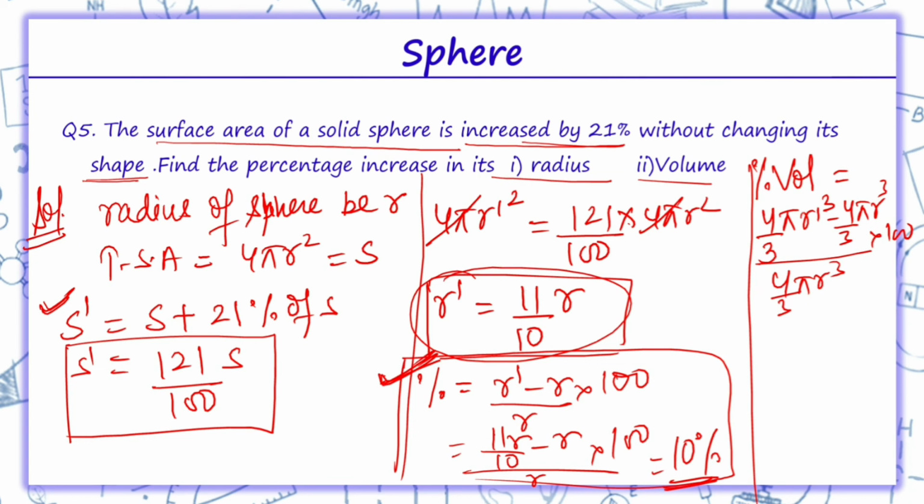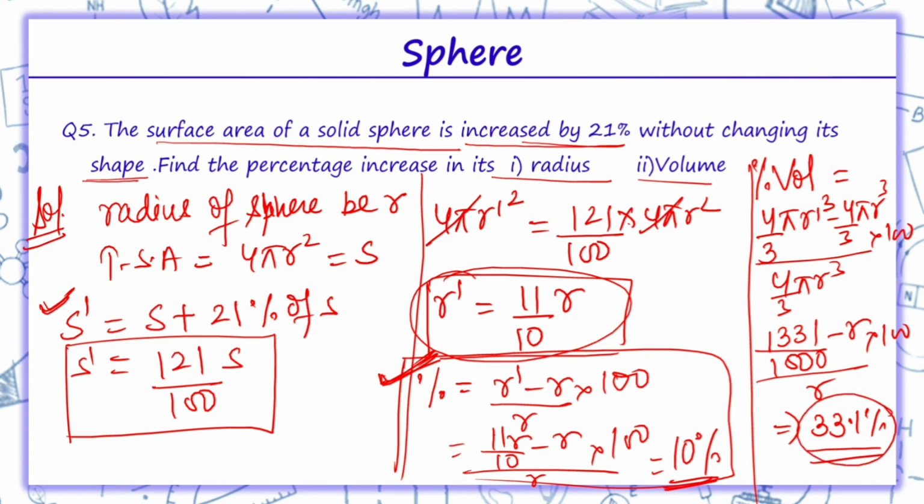That means 11 upon 10 cubed is 1331 by 1000 minus r upon r into 100. Thus on solving it, we'll get 33.1%. So this is how we can calculate the percentage change in radius and the percentage change in volume.